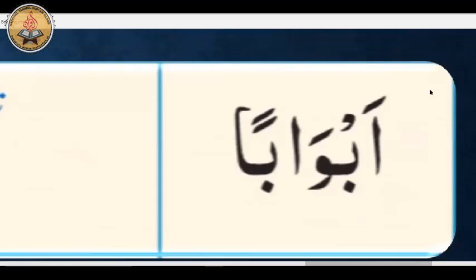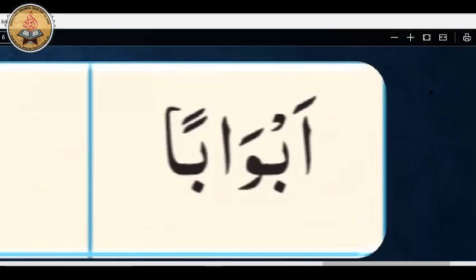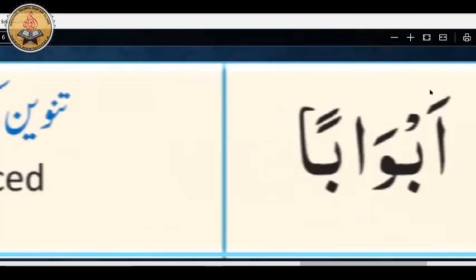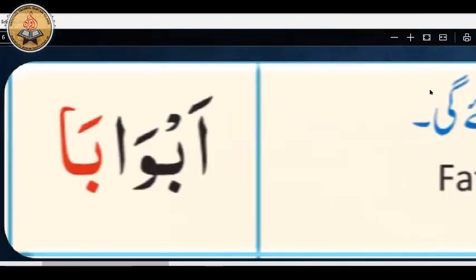However, when this word comes at the end of a verse, when you have to stop at the end of the verse, then you would pronounce this word as abwaba, not abwaban. So that's why we changed these two fathatain into only one fatha with alif. So abwaba. Do you understand?